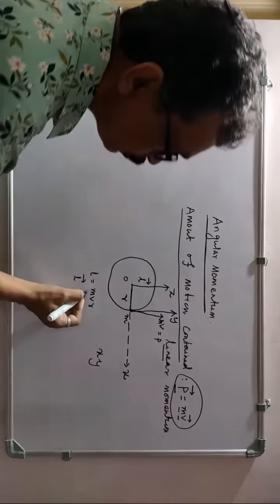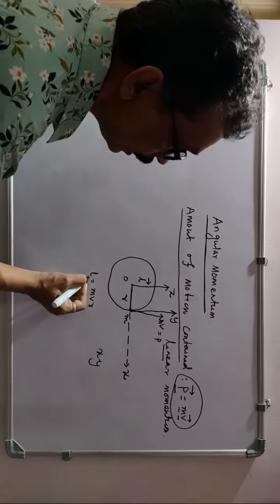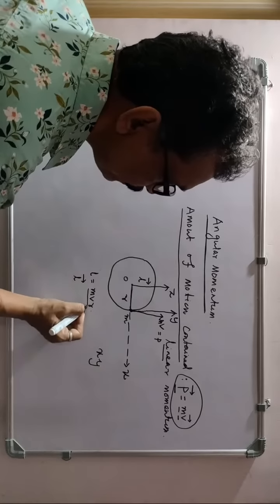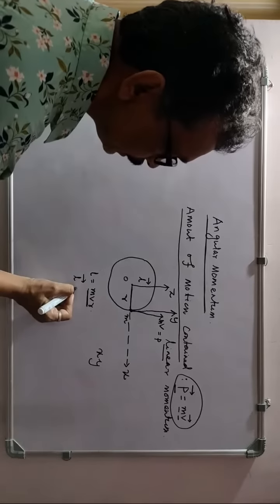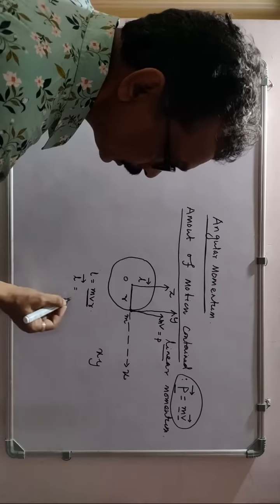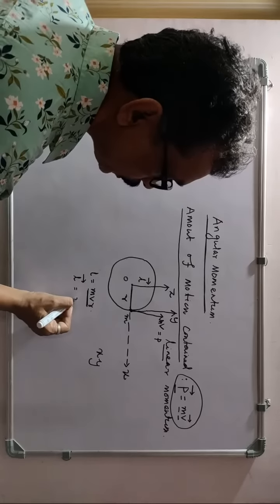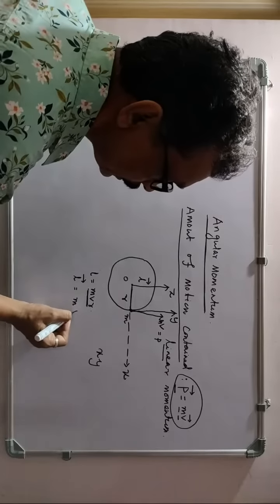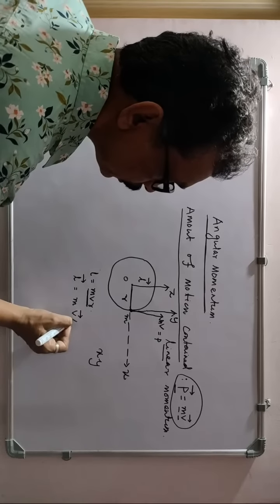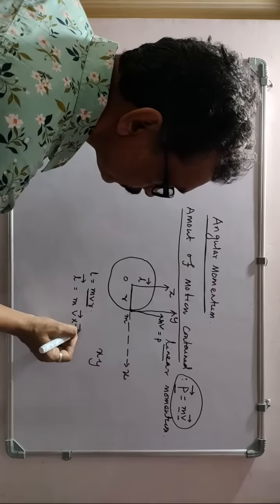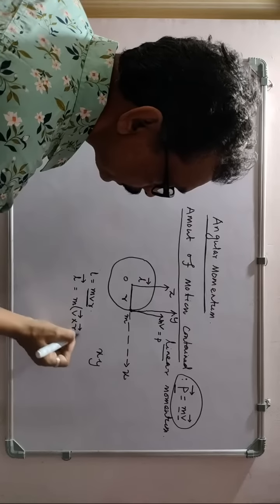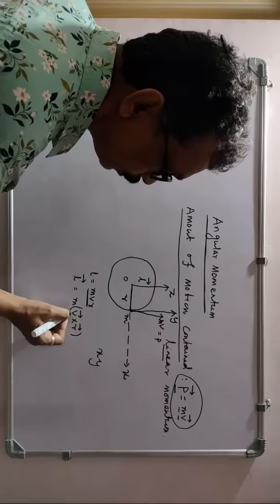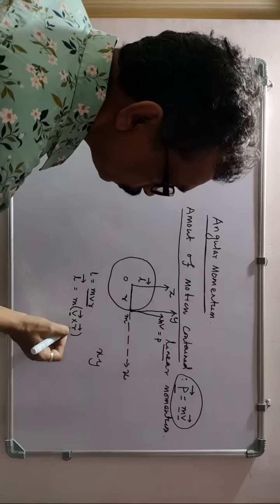But you cannot write the angular momentum like this, mvr. It is a cross product. It is a cross product of mass into velocity, cross product with r.